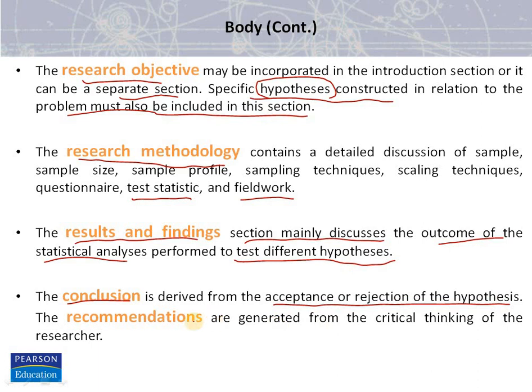On the basis of these conclusions, there must be recommendations. Recommendations are generated from the critical thinking of the researcher. These recommendations will be given to sponsoring agencies or to society at large so that the findings can be applied.